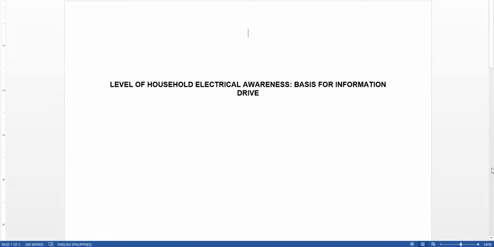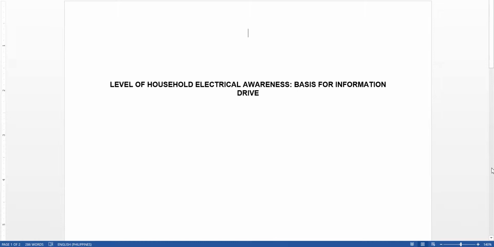For my example, we have here the title, Level of Household Electrical Awareness, Basis for Information Drive. As we can see from the title itself, there is only one variable in the study, which is the household electrical awareness. So in this case, we don't have any dependent variable.